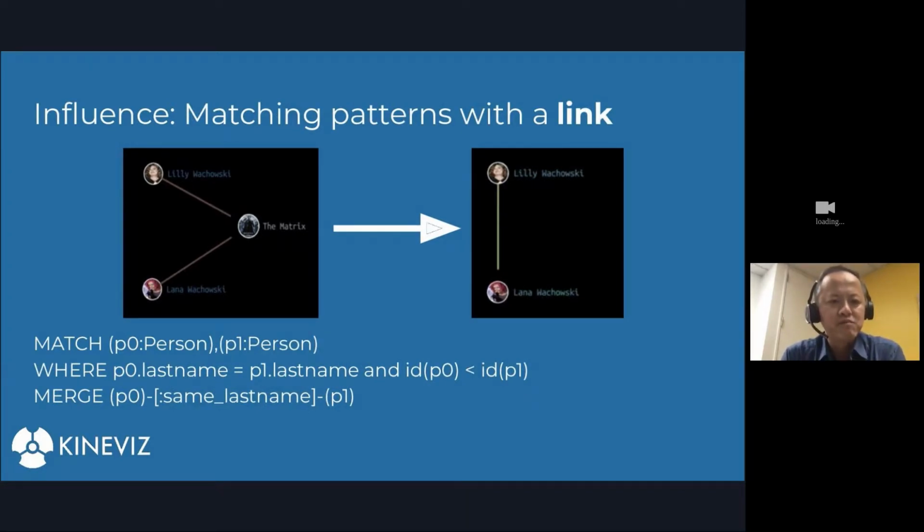Next example: look at the same graph. You can do pattern matching over all your data. If you identify, let's say, that those two persons have the same last name, you can create a link called "same last name". That is inference based on the link.